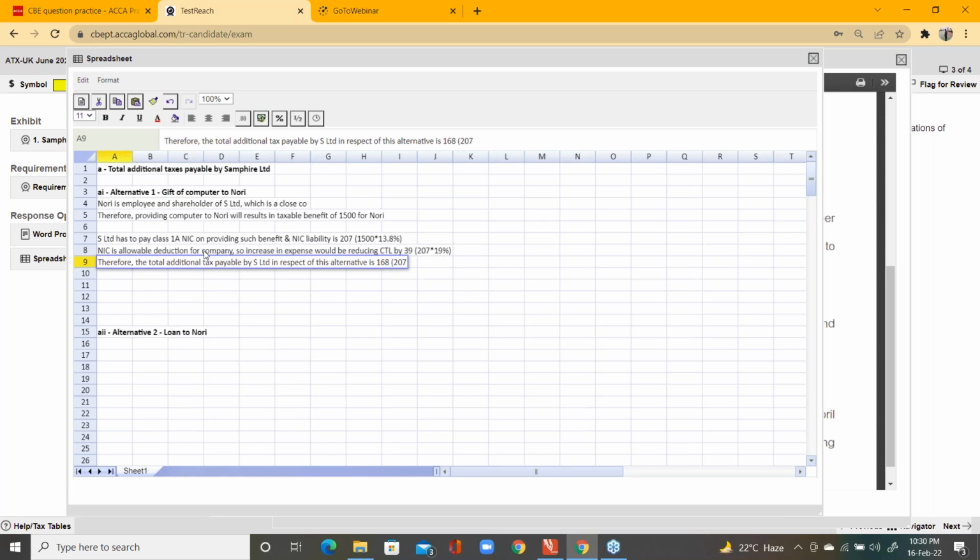Because 207 is the total cost, but this cost would also result in a corporation tax liability saving of 39. On one hand, the company is bearing 207 as an expense, but on claiming such expense, 39 is deducted as a reduction in the corporation tax liability. Resultingly, the total tax payable by S Limited would be 168 under alternative 1.